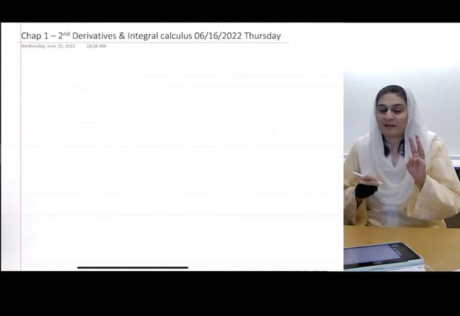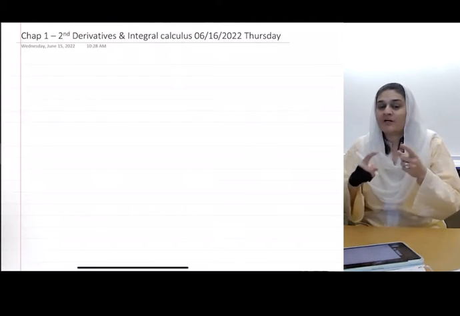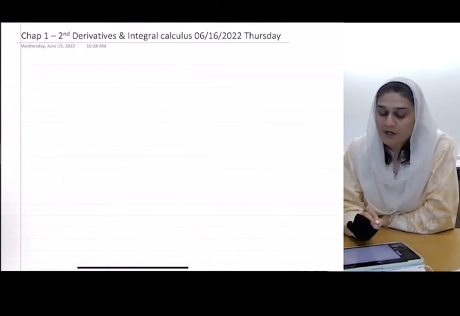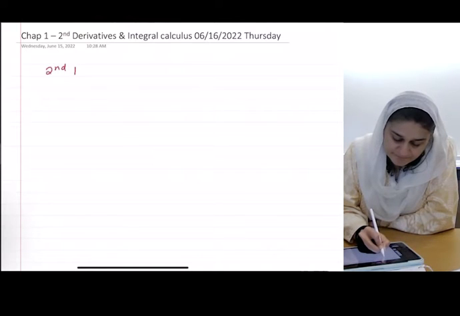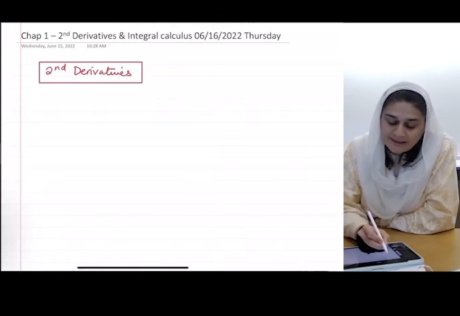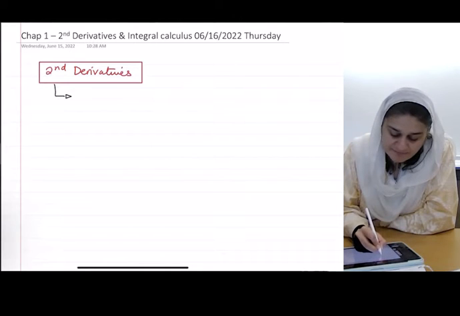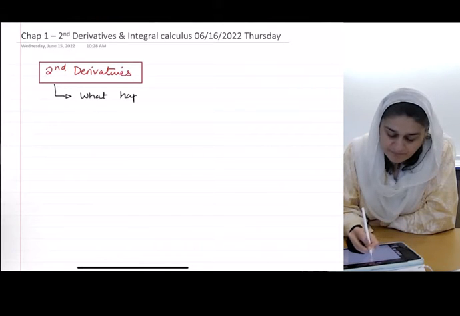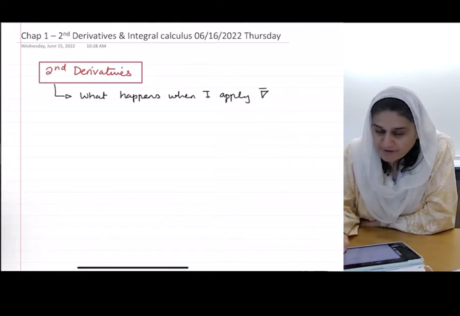Keep these 3 things in mind: there was gradient, there was divergence, and there was curl. Keeping that in mind, I want to talk about second derivatives. So the question arises: what happens when I apply the del operator twice?